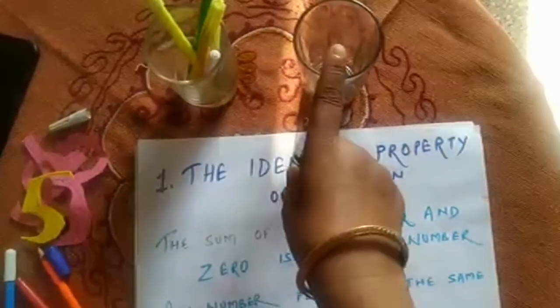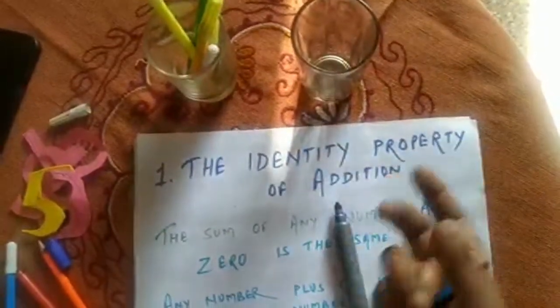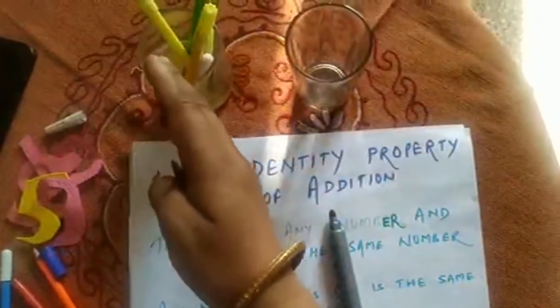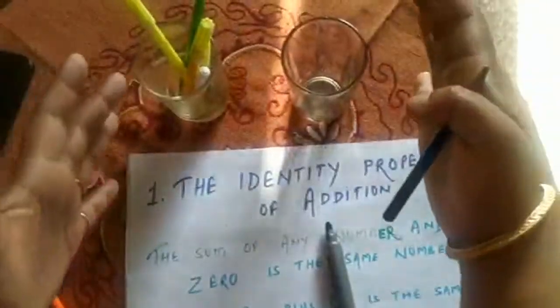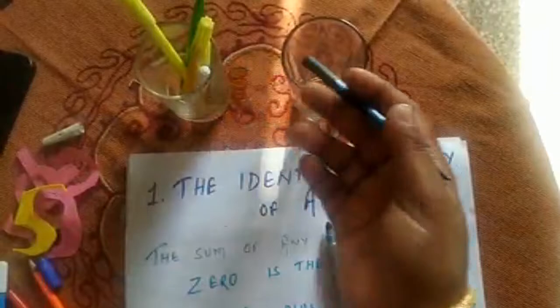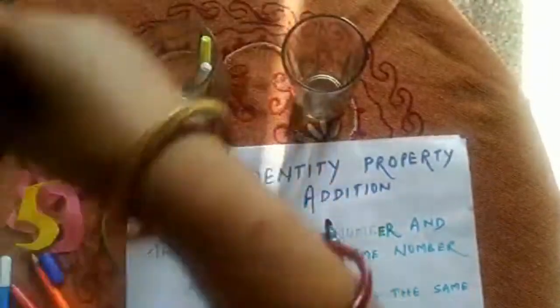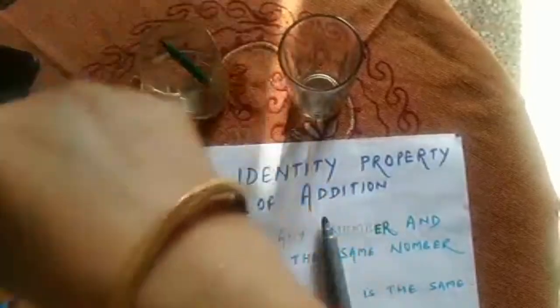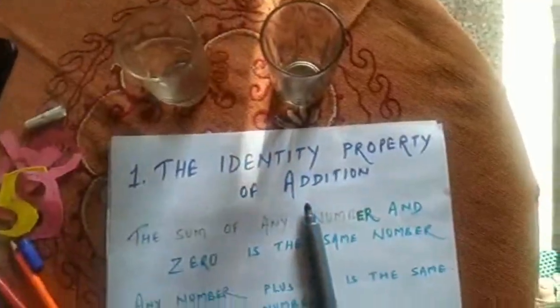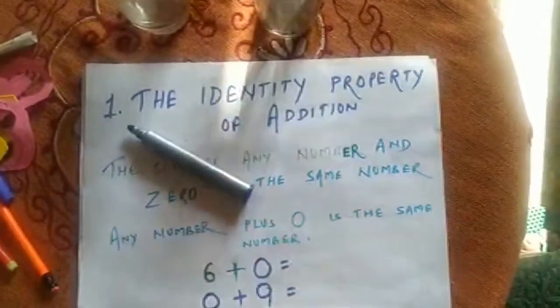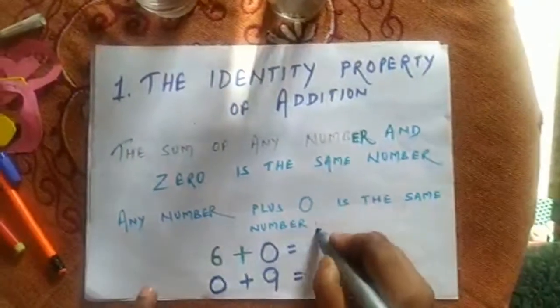So 6 plus 0 is how much? When we put these two addends together, the sum is 1, 2, 3, 4, 5, 6. So 6 plus 0 is 6.